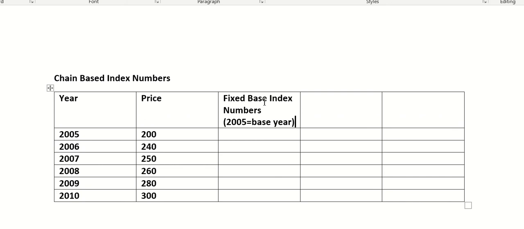Now we will apply the formula. What is the formula we have to apply?